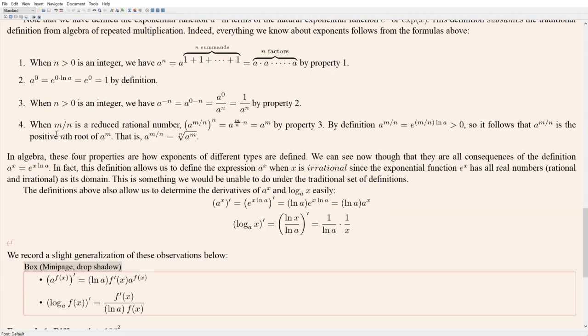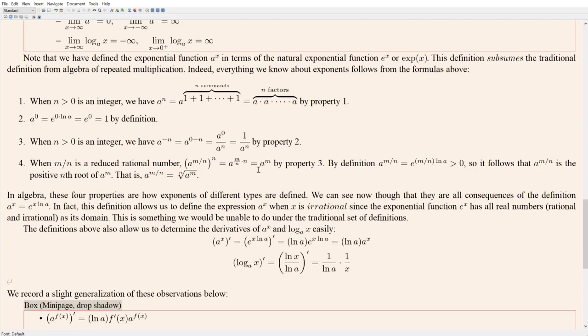The only other rule from algebra that we have to check is the rule for fractional exponents. So remember, if you have a to the power m over n, that is the same as the nth root of a to the power m, right? The denominator gives the root, and the numerator is just a power. Do we have this? Well, indeed we do.